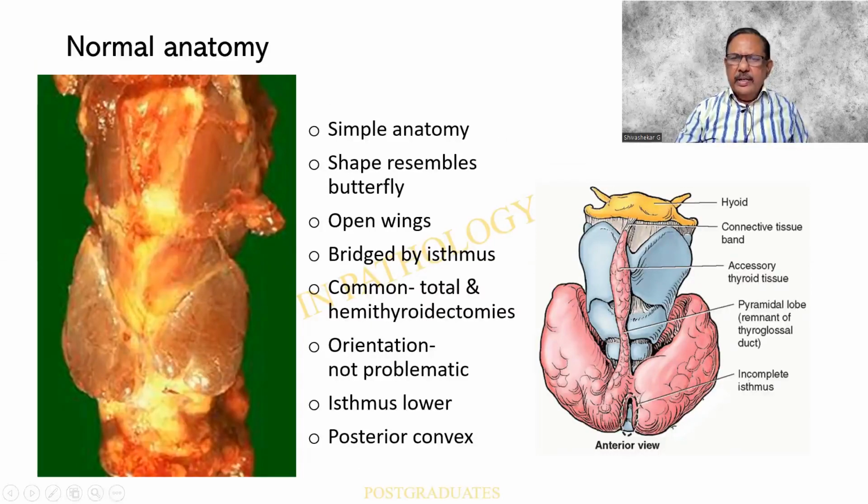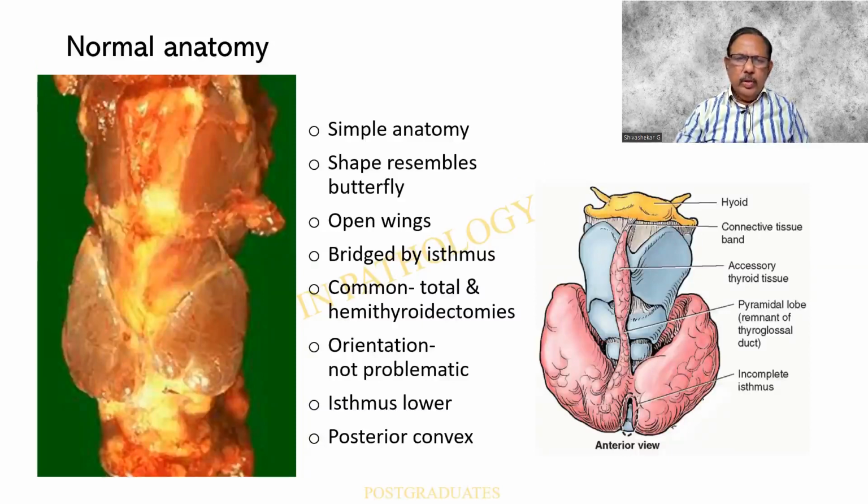Now this is again a line diagram of the thyroid. We have already seen the hyoid bone and then the cartilages, etc. So you have the right and the left lobe connected by means of an isthmus, from which sometimes there can be the appearance of a pyramidal lobe.